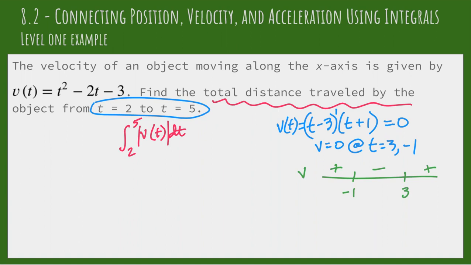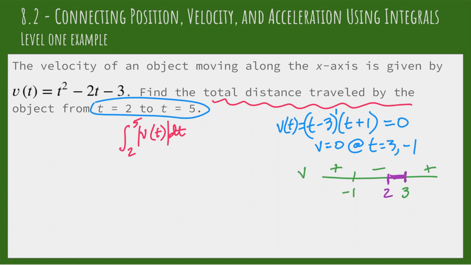So what this tells me then is that to find total distance traveled, I'm going to need to actually evaluate 2 integrals. I'm going to evaluate one integral from 2 to 3. And during that time interval, the object's going to be moving to the left.